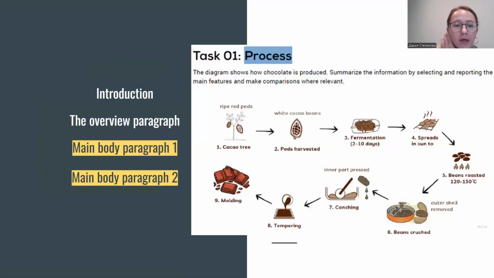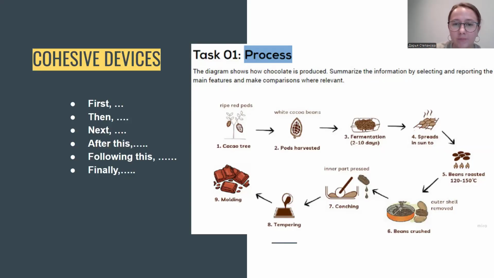Do you have anything to add? No, no. Right now we're going to focus on main body paragraphs, and usually there are two. There are two body paragraphs, and you need to describe the whole process step by step. That is the time for you to give more details on the stages that you have summarized and grouped and partly described in your overview.